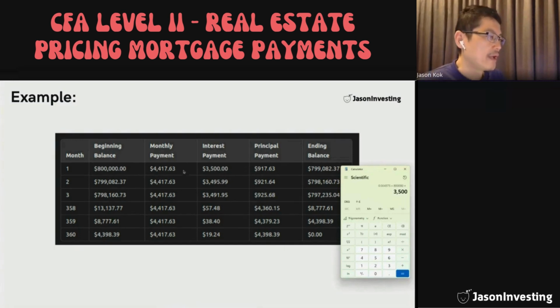But remember that we calculated that your mortgage payment is 4,417 each month. So we have to find the difference, 917, because you're paying more than the interest, right? That means about $917 goes to the principal.